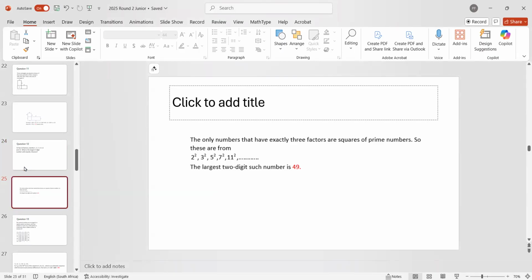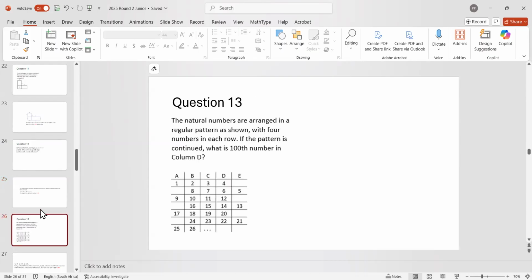But now the advantage of this class is explaining why the only numbers that have 3 factors are squares of prime numbers. And if you saw that for the first time, you wouldn't know why. Well, hopefully you understood that now. Okay, so let's get on to the next problem.